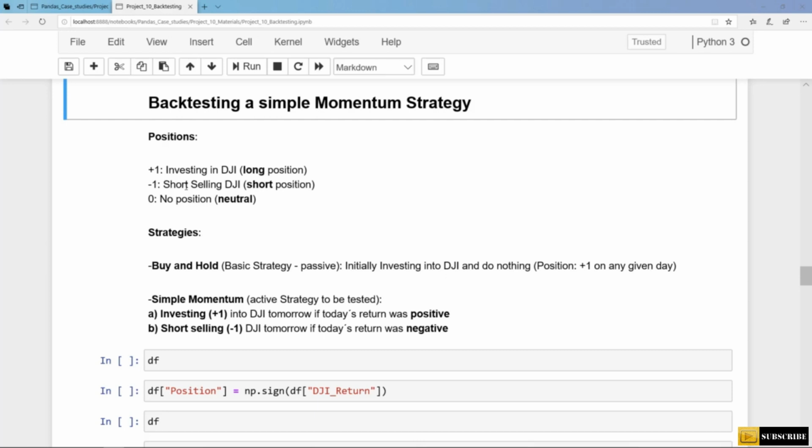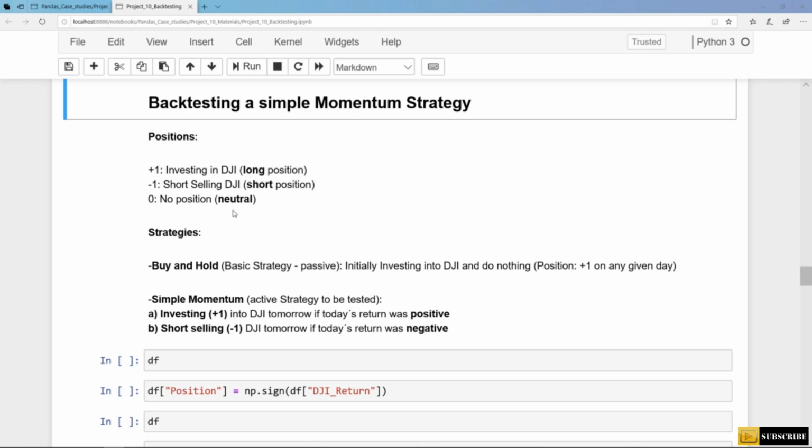So the assumption here is that derivative instruments are available that allow investors to take a short position in the Dow Jones index. And finally, we have the neutral position, or 0. We simply do not have any position in the Dow Jones index. So we have the long position +1, the short position -1, and no position 0.